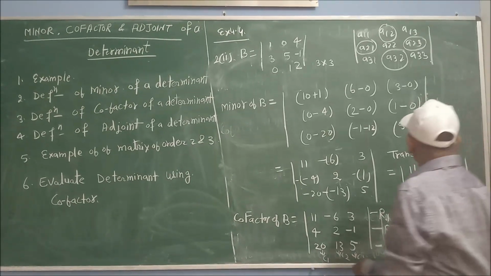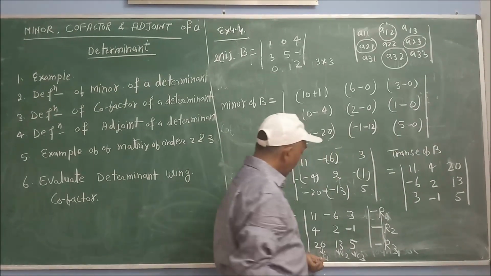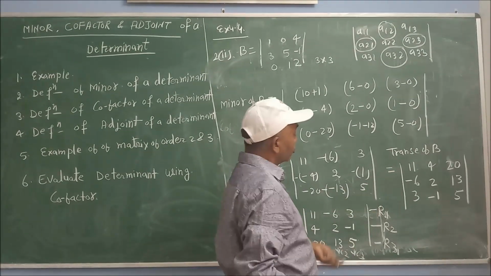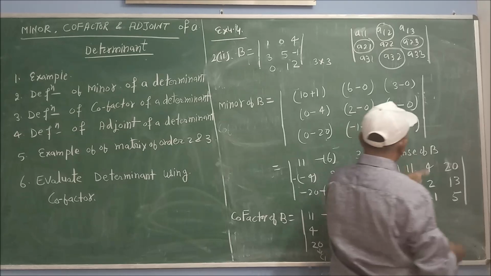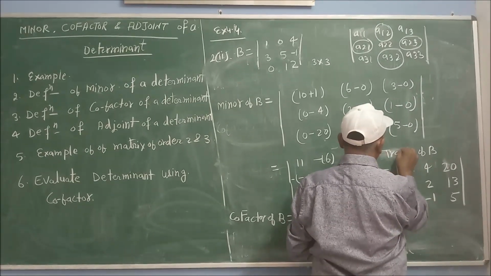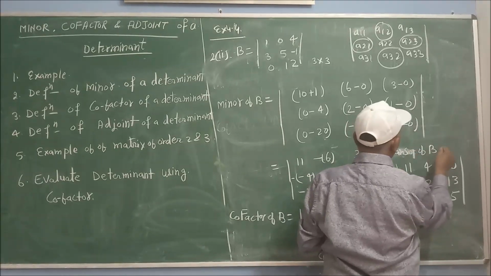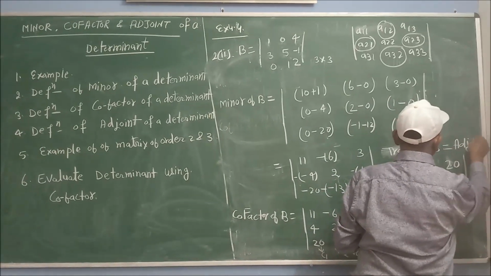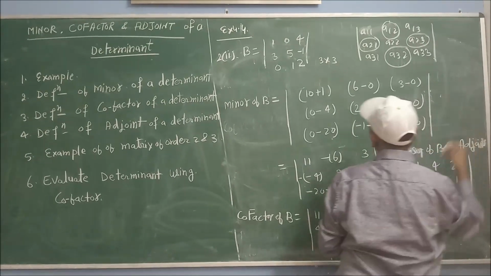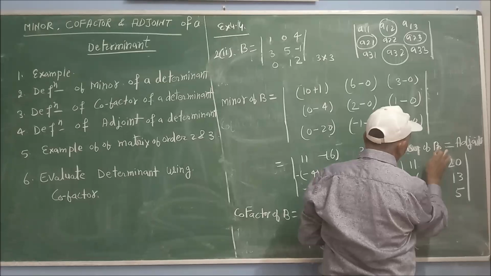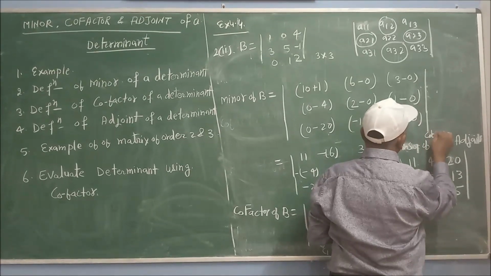So changing, you will get C1 equal to R1 and C2 equal to R2. So this is the transpose of the cofactor of B, and this we call the adjoint of B.